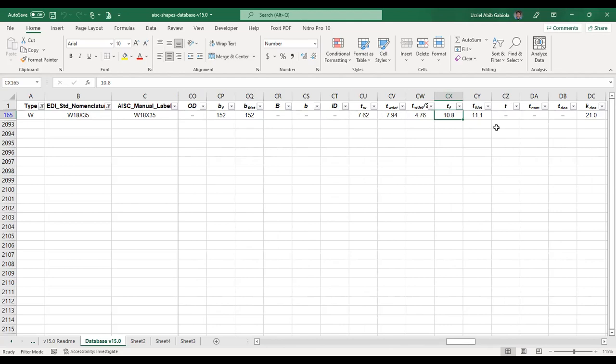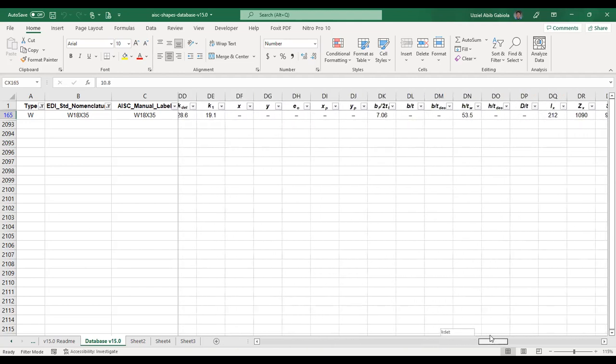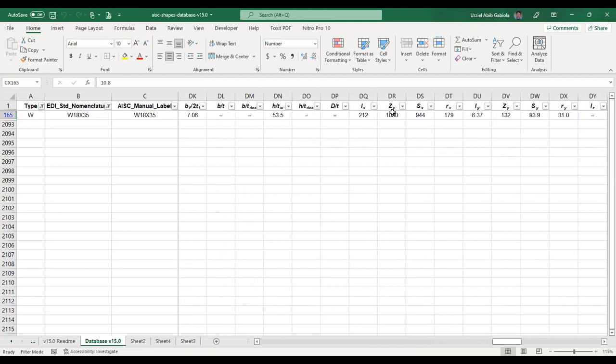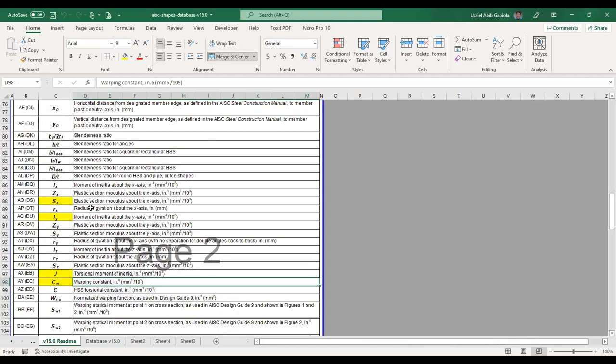Okay, and then we need a value for SX. Our section modulus. So, SX. There, this is it. So 944. 944. Then its unit, go back here. SX is equals to times 10 to the 3 mm cube.